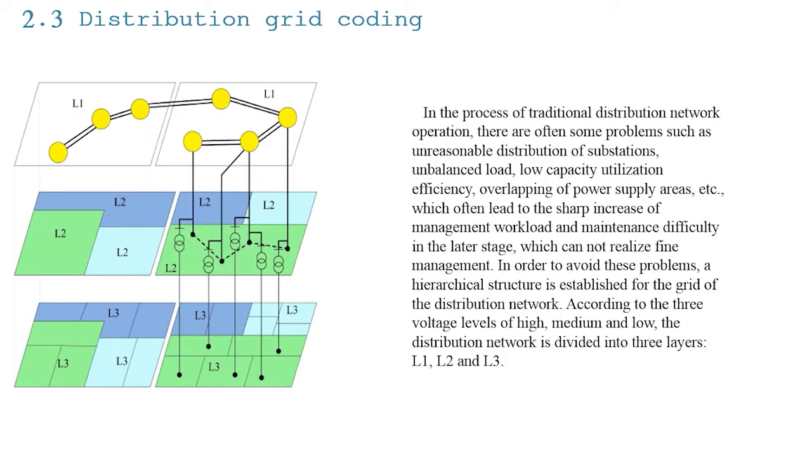In order to avoid problems such as unreasonable distribution of substations, unbalanced load, and so on, a hierarchical structure is established for the grade of distribution network. According to the 3 voltage levels of high, medium, and low, the distribution network is divided into 3 layers, L1, L2, and L3.